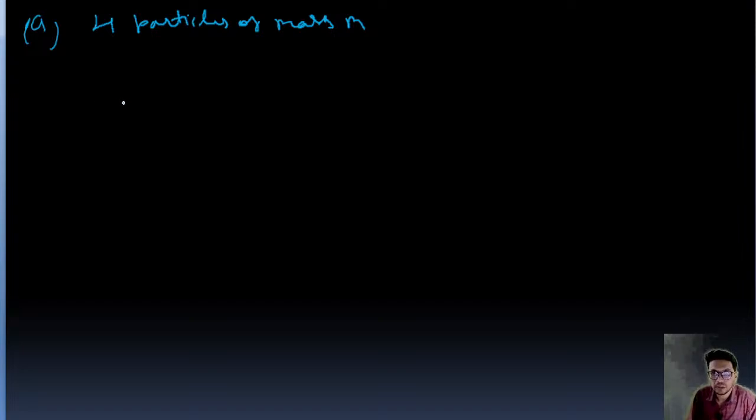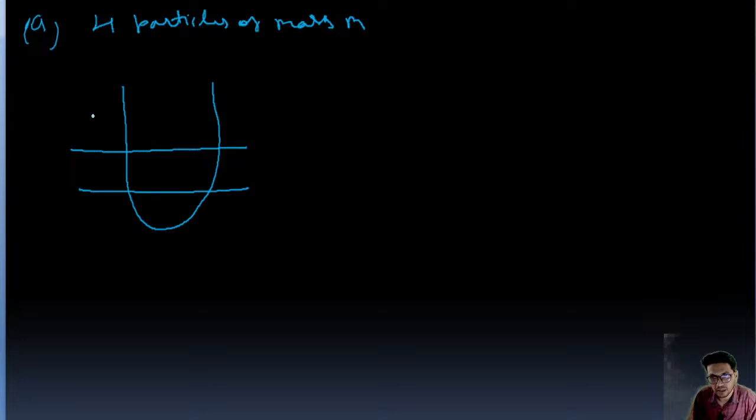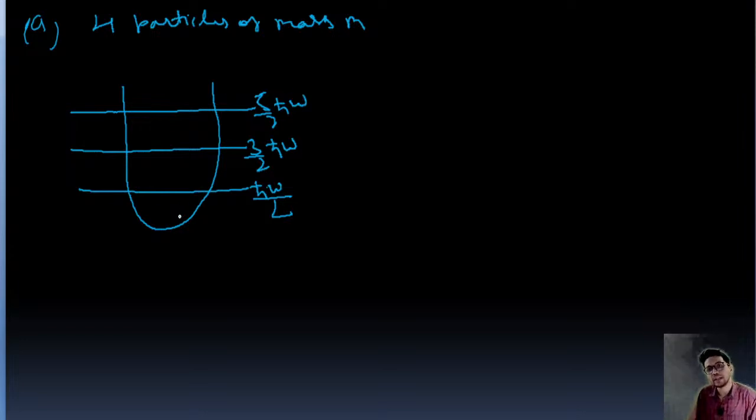So this is the simple harmonic oscillator energy state, like this. These are the energy levels of the simple harmonic oscillator, and the ground state energy is h-cut omega by 2. This is 3 by 2 h-cut omega, and so on, right? These are the energy levels.